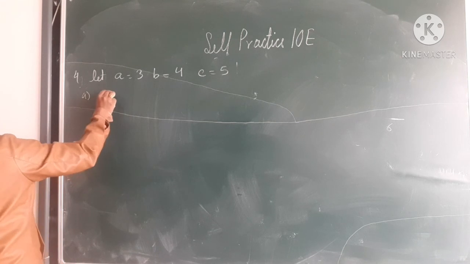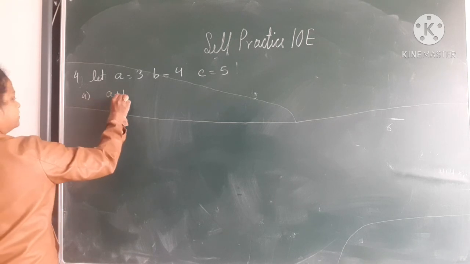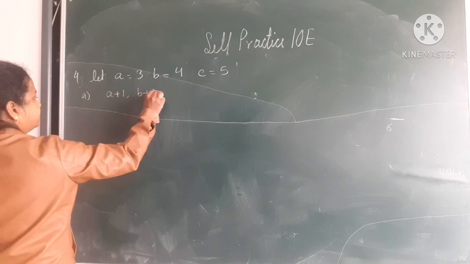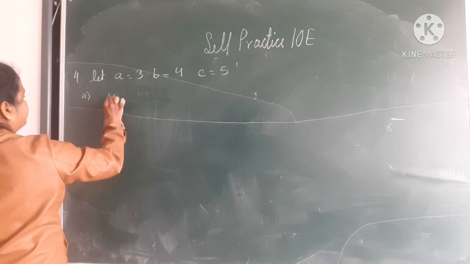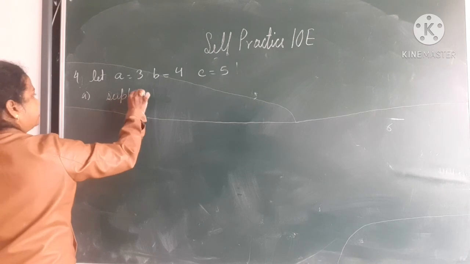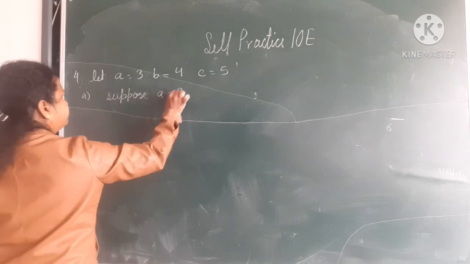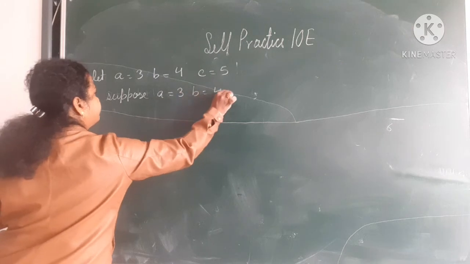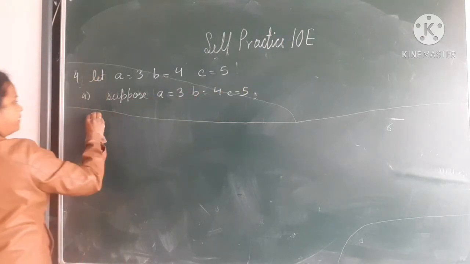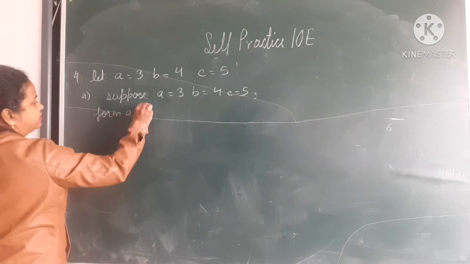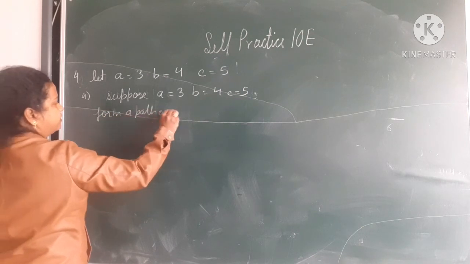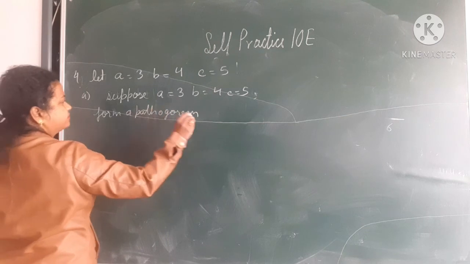Suppose A is 3, B is 4 and C is 5, forming a Pythagoras triplet.